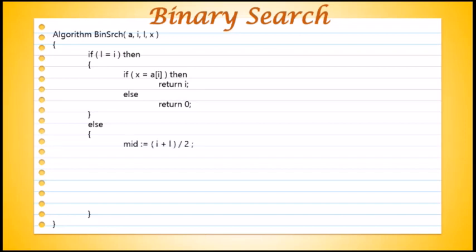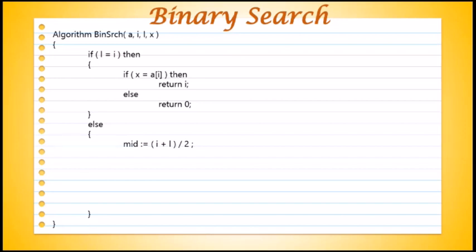So first we will find the mid position, that is the middle position. So how can we find that? By adding the first position and the last position, and then dividing that by 2, we will get the middle value. So I plus L divided by 2, we will get the mid value.